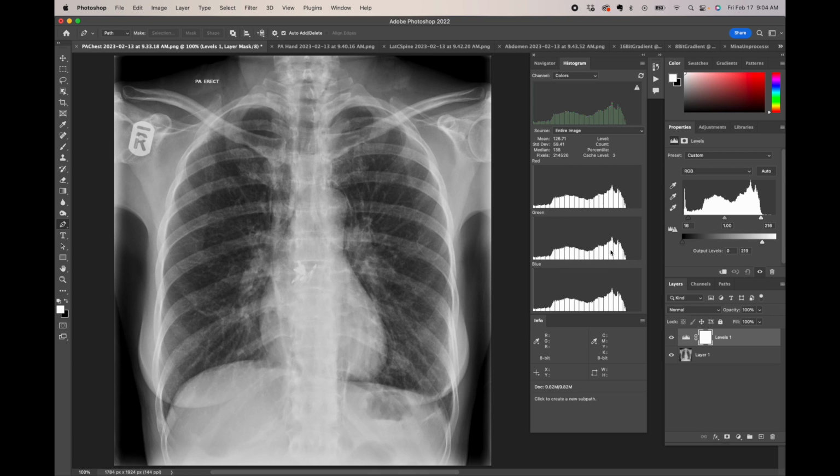These vertical lines in photography are called combing, because it looks like a comb that you run through your hair. But those vertical lines represent the data that has actually been lost by making this adjustment to the image.